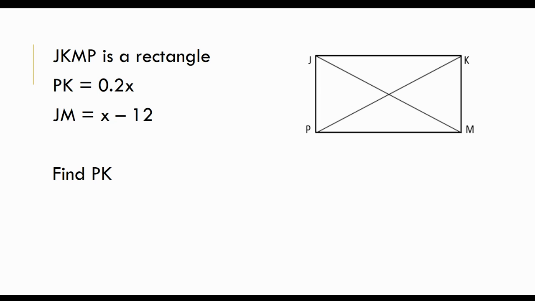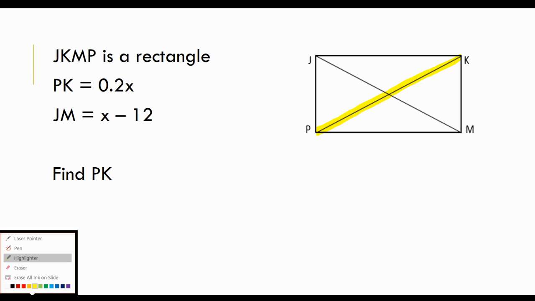So notice that in this particular problem, we are told that JKMP is a rectangle. We're also told that PK, which is a diagonal, is 0.2x.